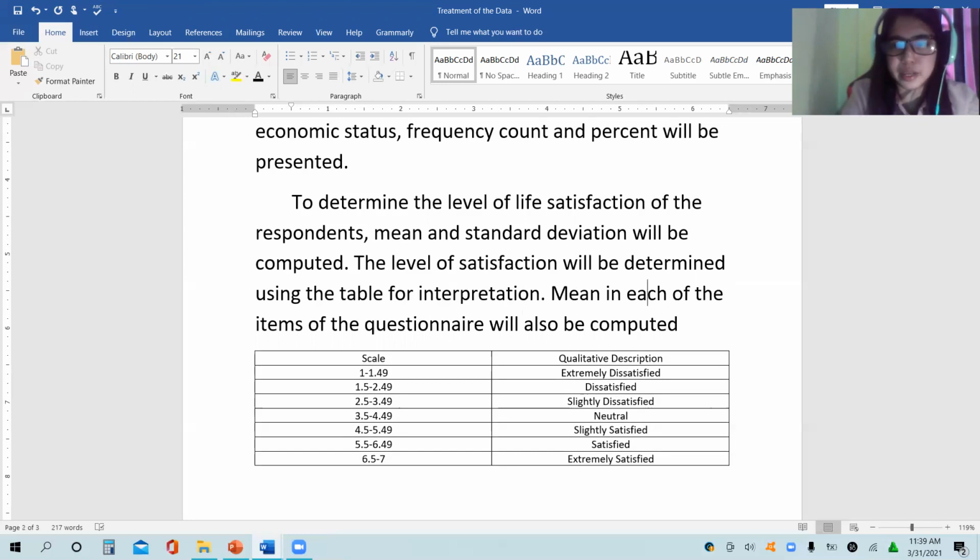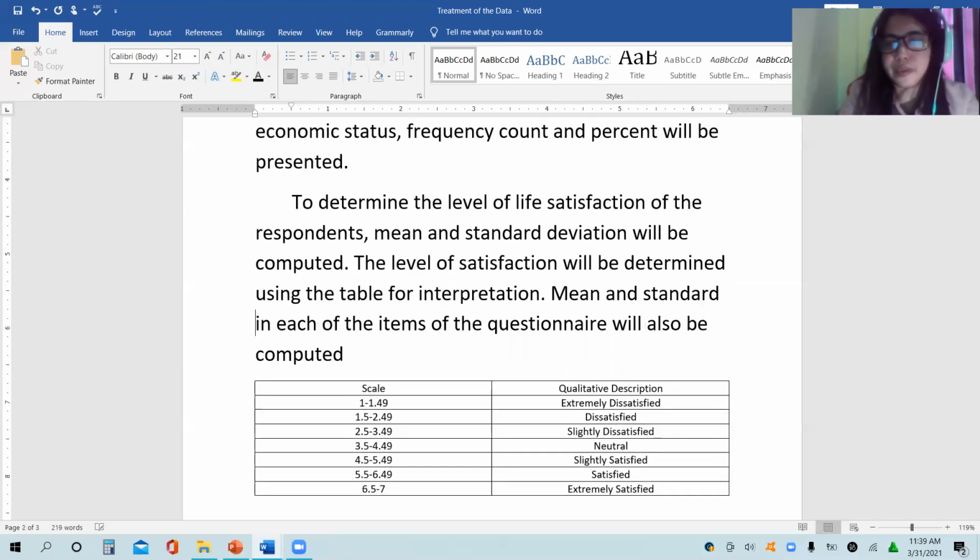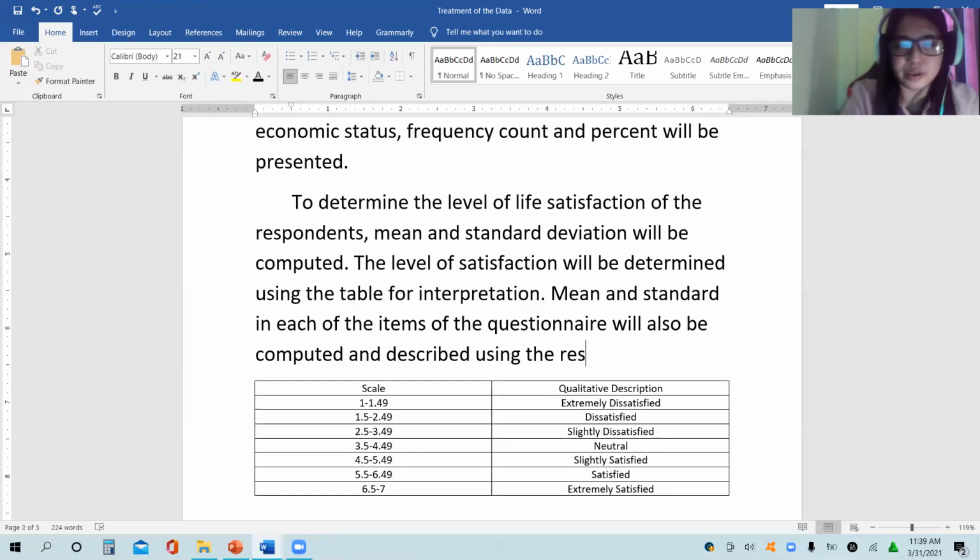You can actually place that mean and standard deviation in each of the items of the questionnaire will also be computed and described using the same table. So still referring to this.